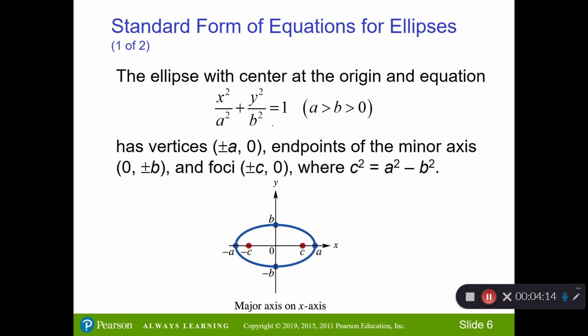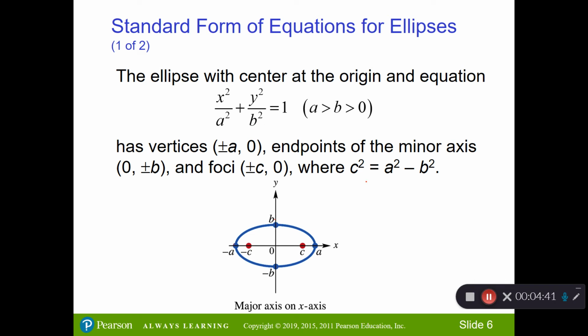Okay, so if I've got an ellipse with a center at the origin, we would have x minus 0 and y minus 0 squared up here in the top. So it's just x squared and y squared in the top. And then it's elongated under whichever is the bigger number, this number under the x or this number under the y. That provides the endpoints of the major axis, and then the endpoints of the minor axis are the other one.